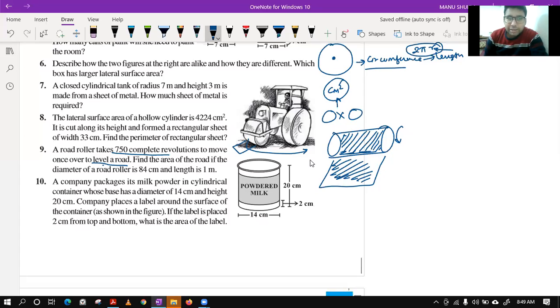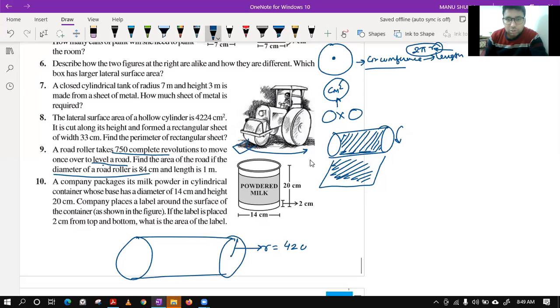We have to find the area of the road if the diameter of the road roller is 84. So let me write, this is the tire or the wheel. Diameter is given to you as 84. So the radius will be how much? It will be half of it, that is 42 centimeter, and the length is 1 meter. That means the height is given to you as 1 meter.